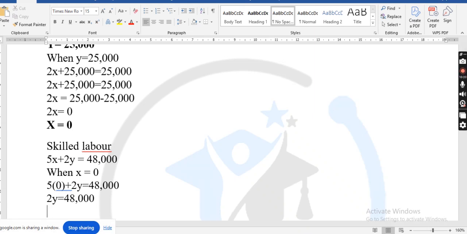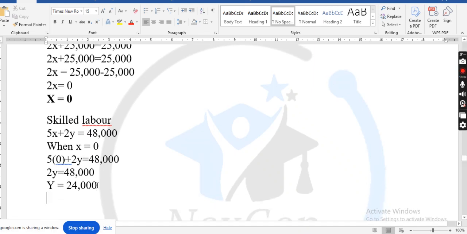Then y equals what, class? Y is equal to 24,000. 24,000 units.